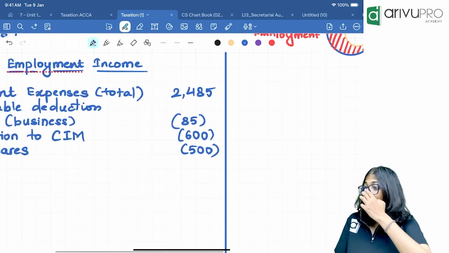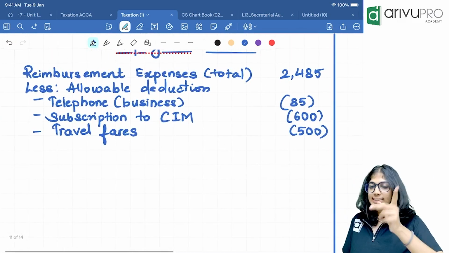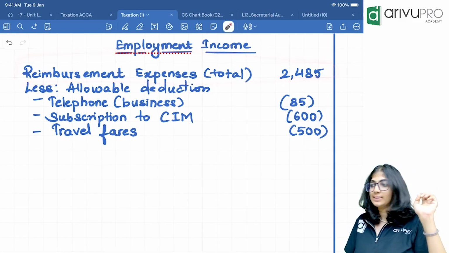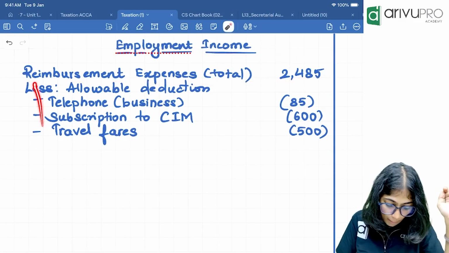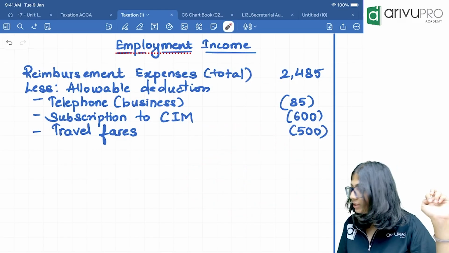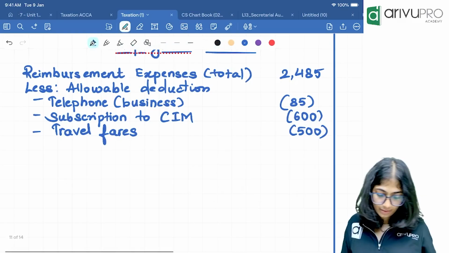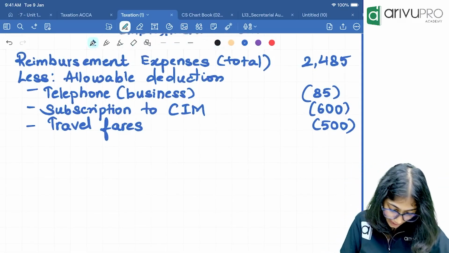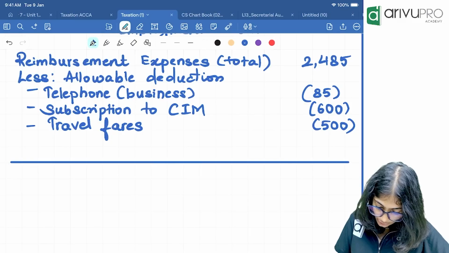Now, here's the thing. It automatically gets netted off. Here, out of this total reimbursement expenses, anything that's an allowable deduction, you're going to deduct it. What is going to be left over here? Your personal amount. That is, for the personal expenses, you got reimbursement for. Okay. So, what is going to be the amount?